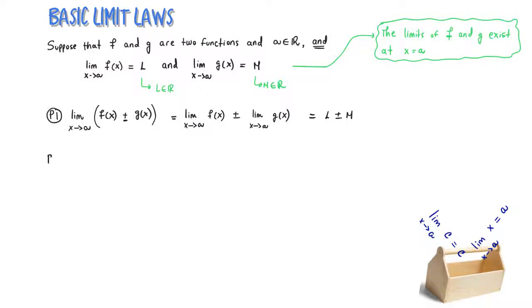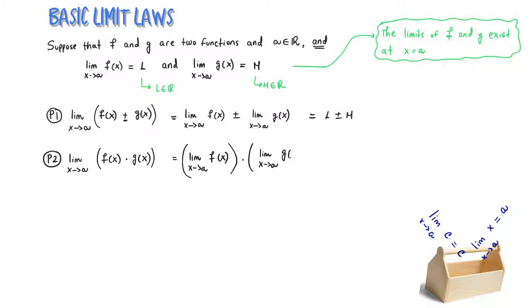Property number 2. Well, if we have a property for addition and subtraction, why not multiplication? So this property will say that if we take the limit as x goes to a of the product of f of x and g of x, then we can take the limit as x goes to a of f of x just by itself and multiply it by the limit as x goes to a of g of x.